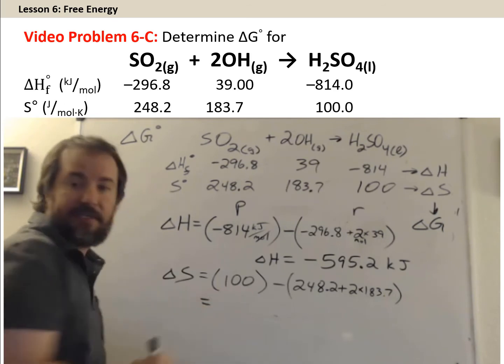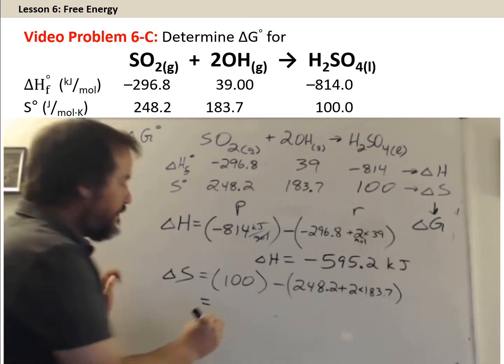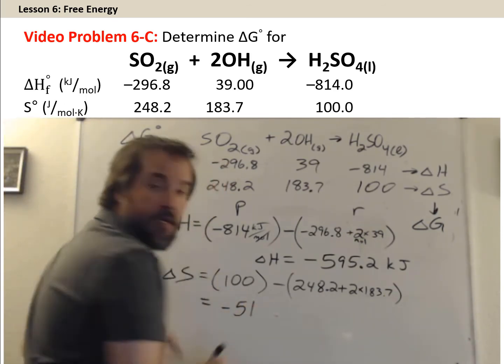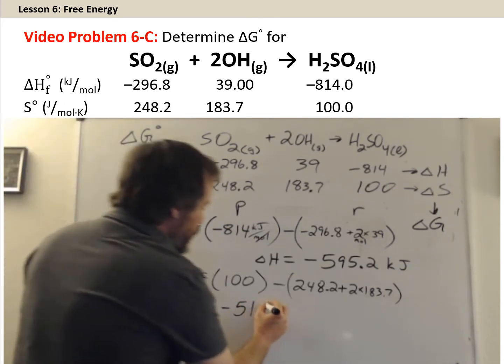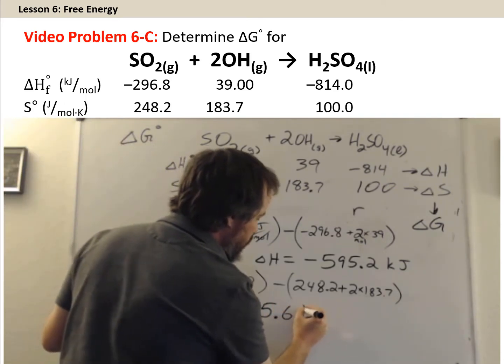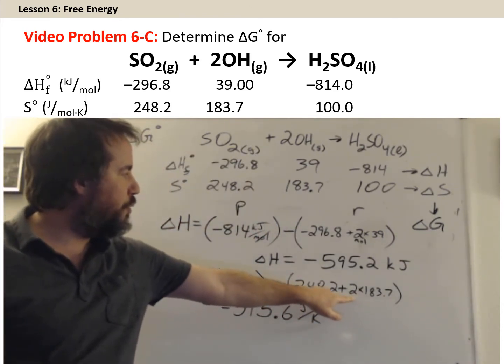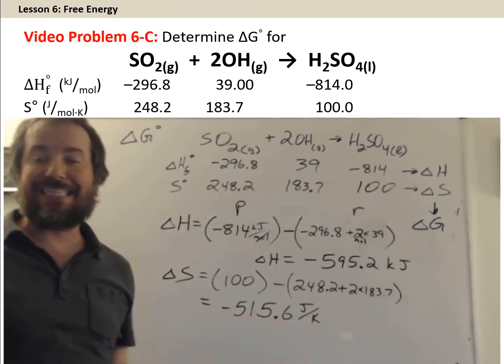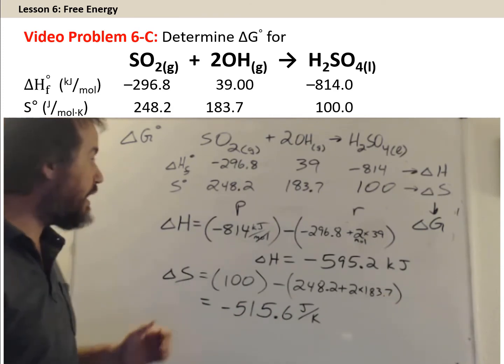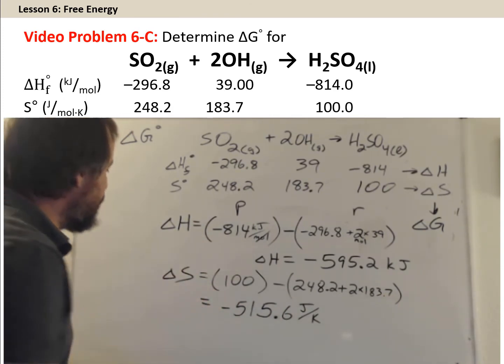All right, so this is going to get me negative 15.6 joules per Kelvin. Okay, multiplying by that 2 moles gets rid of the moles, but I still have Kelvin there. All right, so I have these two values.